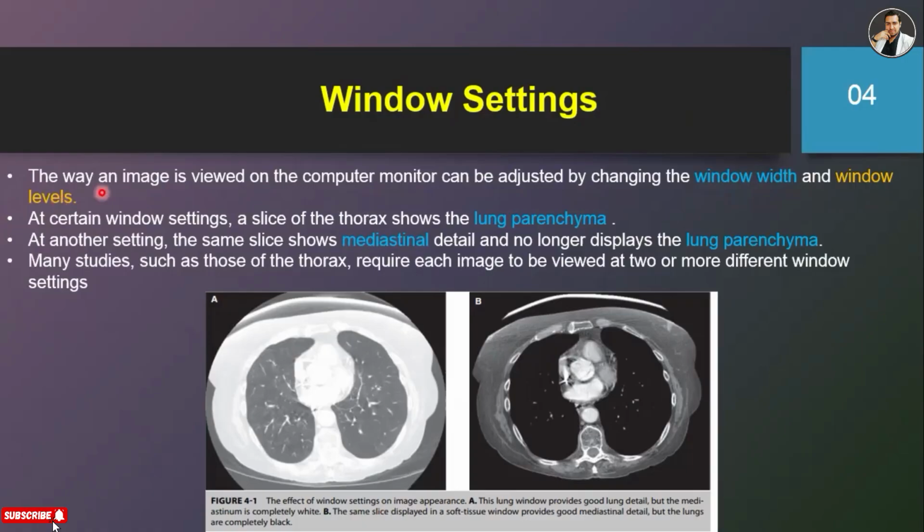A slice of the thorax shows the lung parenchyma. The window setting is also important.